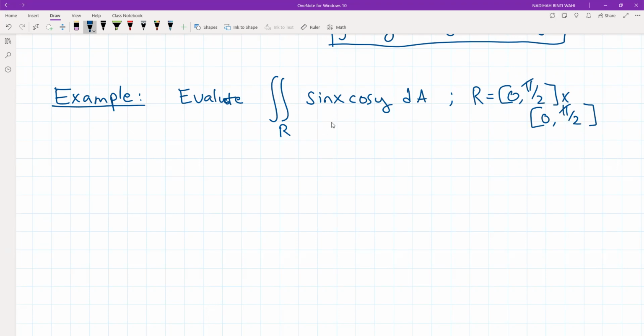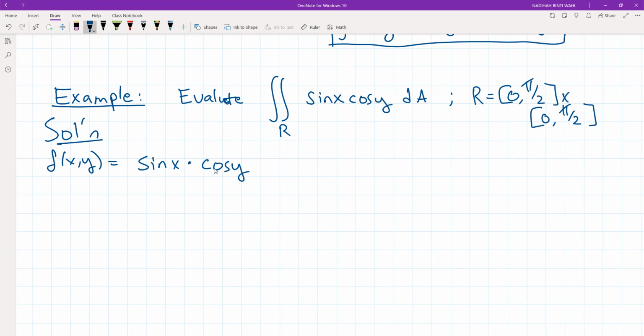Okay, so kalau tengok dalam kes ni, so this is the solution. Fxy is just sine x multiplied by cosine y. So if you want to integrate sine and cosine, awak dah expert dalam tu.